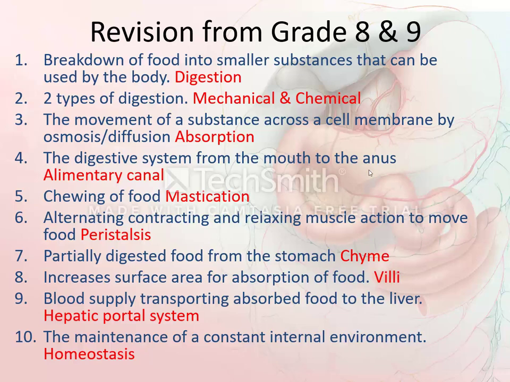So shivering, for example, but obviously that has nothing to do with this topic. But those are processes that our body does to try and bring things back to normal, to where it's supposed to be. So in this situation, homeostasis is going to talk about the food that we eat.